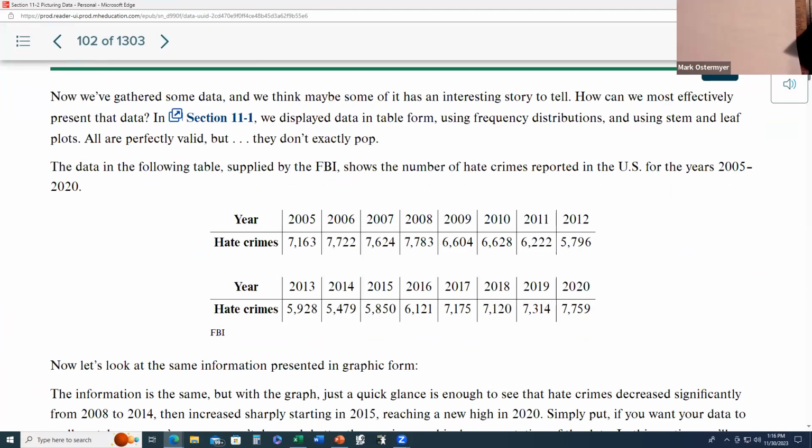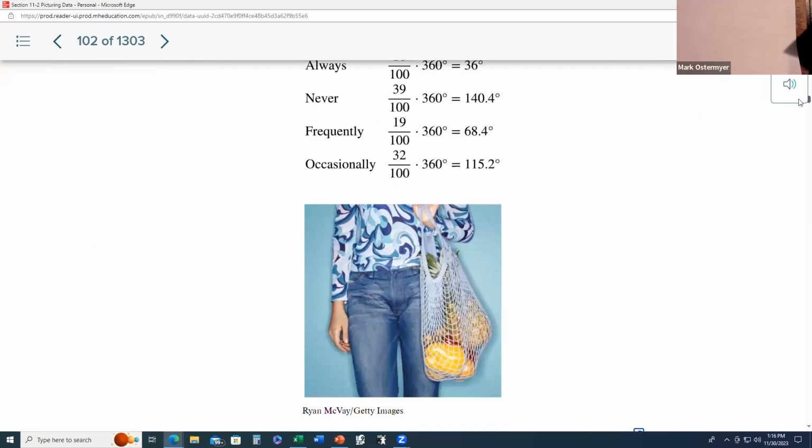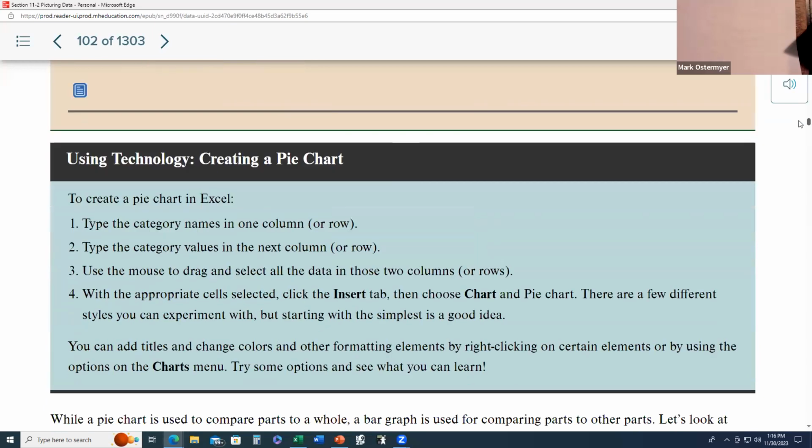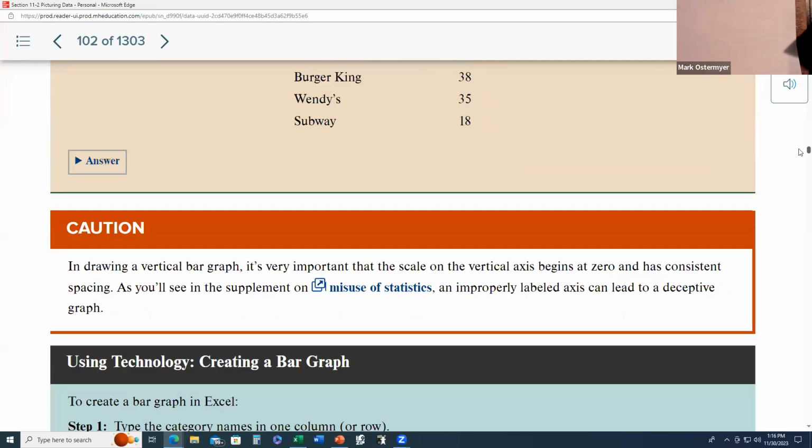I think I indicated a couple of days ago that you've heard the phrase, a picture is worth 1,000 words. Well, in statistics, ladies and gentlemen, a good graph is worth 1,000 data points. But that's true though. You can ascertain a lot of information very quickly from graphs compared to looking at raw data, especially when it's unordered.